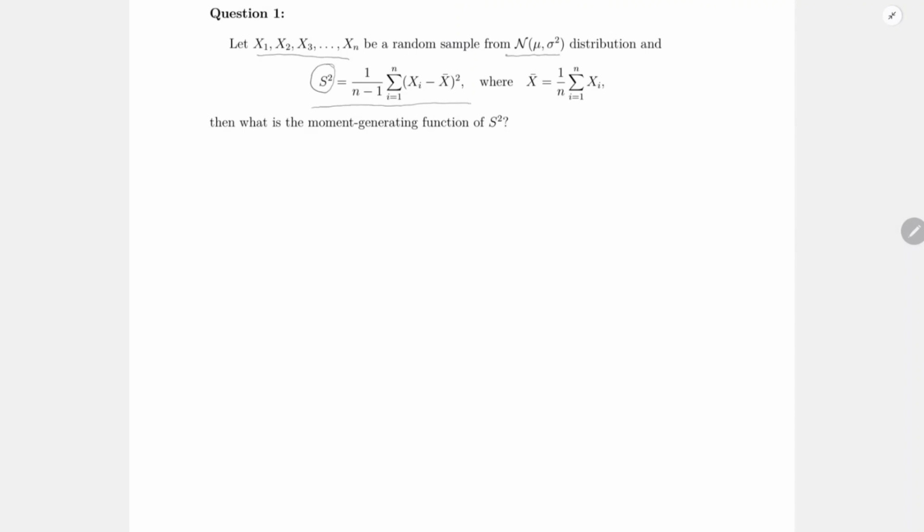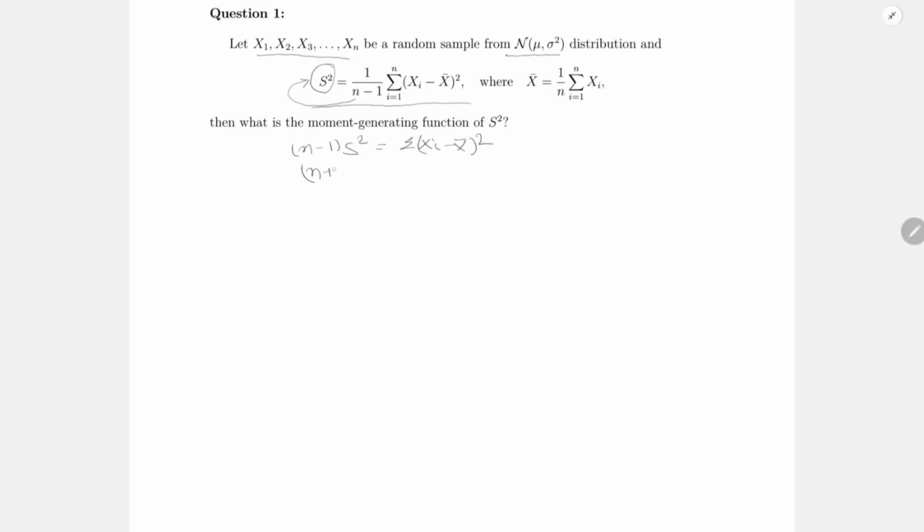Okay, so what we know is that if we transfer this n minus 1 to this side, then we get (n minus 1) s square equals summation of (xi minus x bar) square, right? Now, if we divide both sides by sigma square, then that will follow chi-square distribution.